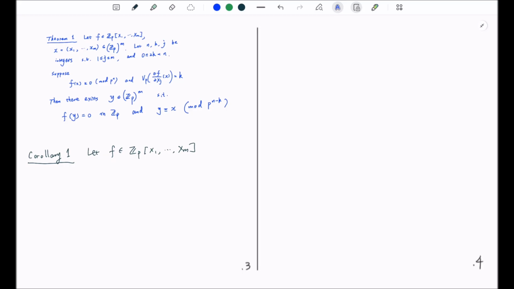Let f be a polynomial in m variables over Zp, and consider its reduction modulo p. Then every simple zero of f modulo p leads to a zero of f with coefficient in Zp.